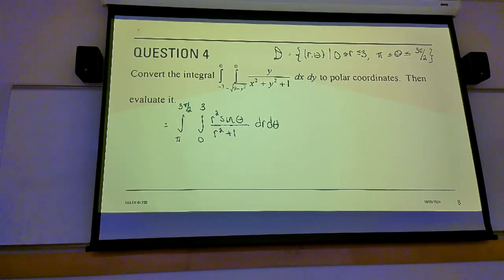Is it 3 minus inverse tangent 3? Or the opposite order, inverse tangent 3 minus 3. If you integrate sine, you should get 1, right?